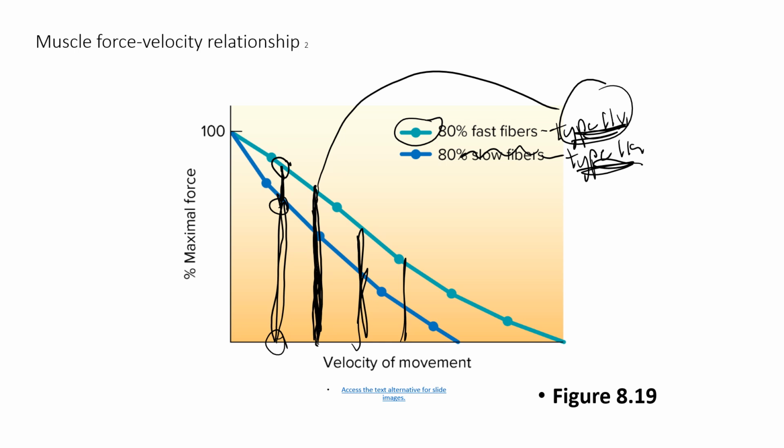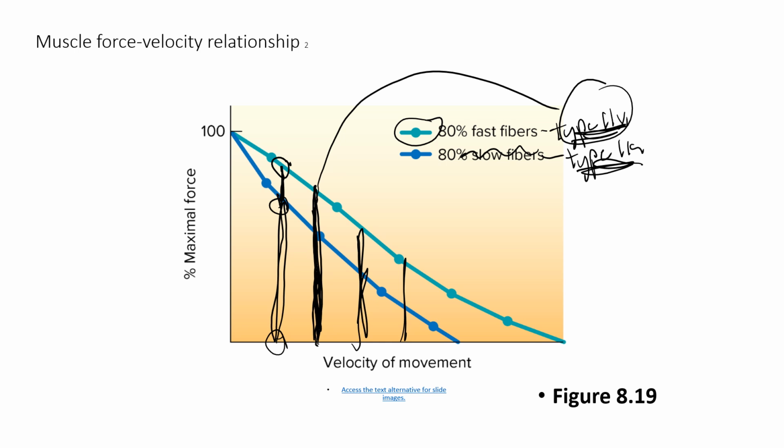You could play around with this idea: if type 2X fibers have regulatory light chains that, when phosphorylated, put the myosin heads into a more perpendicular position compared to actin than in type 2A fibers, then at this exact same velocity, where both fiber types are shortening at the same velocity, the myosin heads within the type 2X fiber are in a more perpendicular position to actin than those in the type 2A fibers.